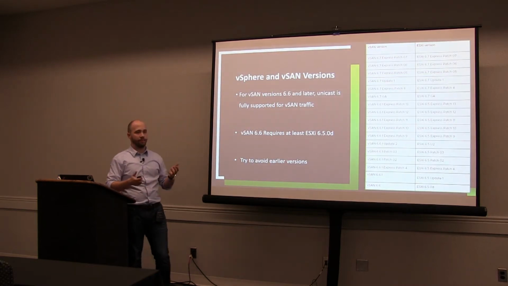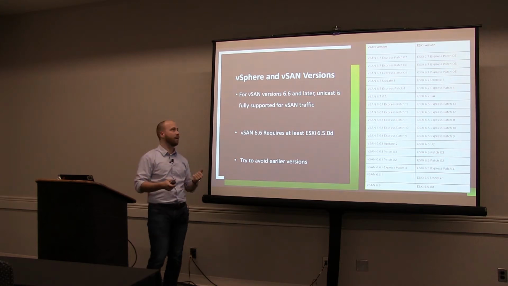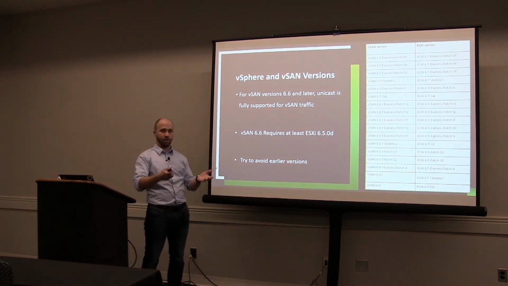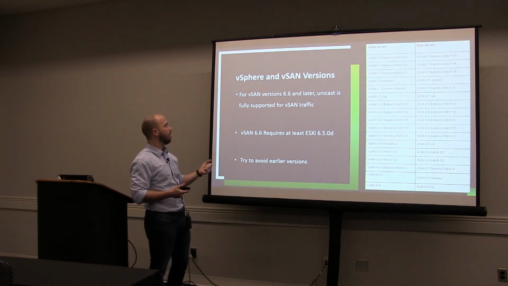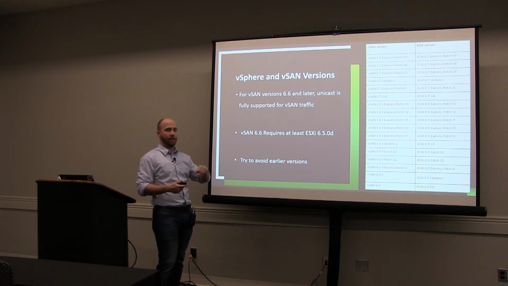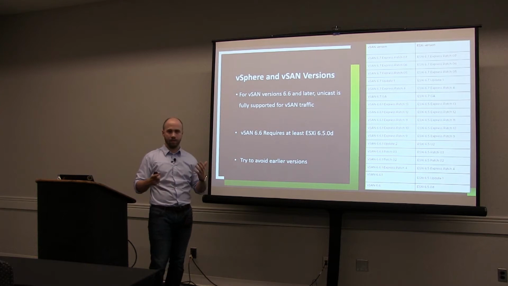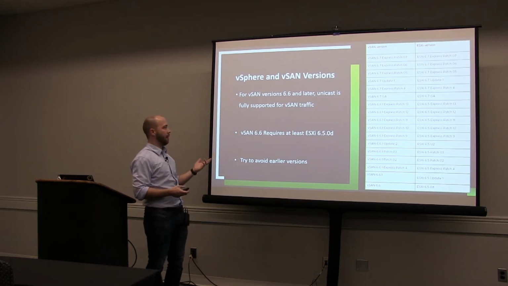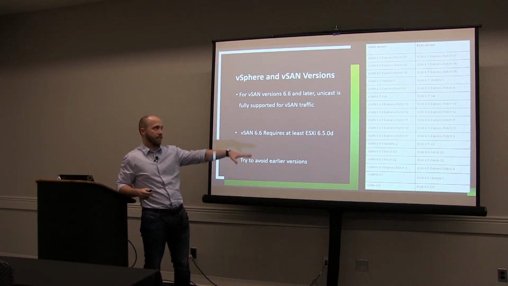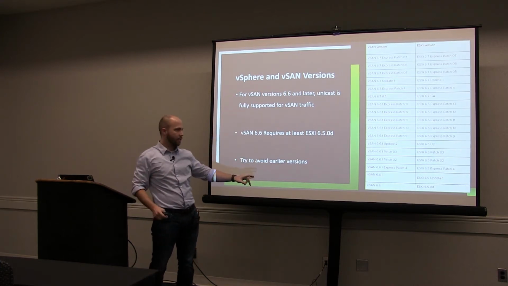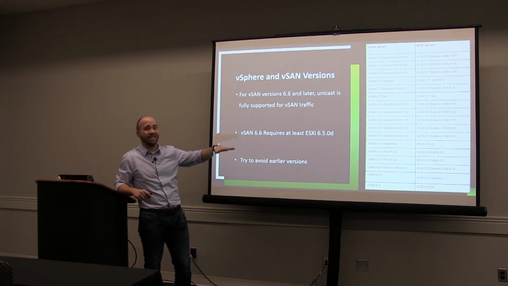So vSAN is baked into ESXi. It's part of vSphere. So the vSAN version corresponds with the vSphere version. For vSAN 6.6 and later, unicast is fully supported all the way across the board, which is nice and easy to work with. And that comes with ESXi 6.5, and this is probably a hard to read table that correlates vSAN versions with vSphere versions.